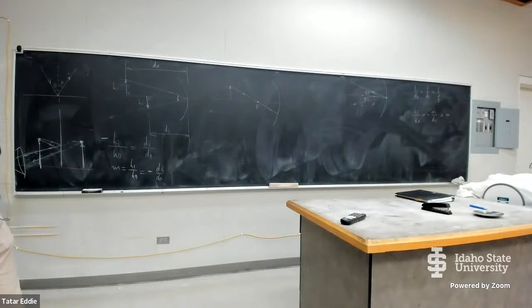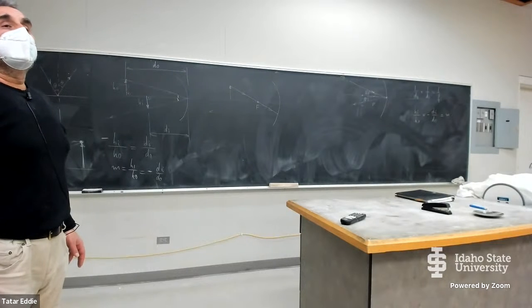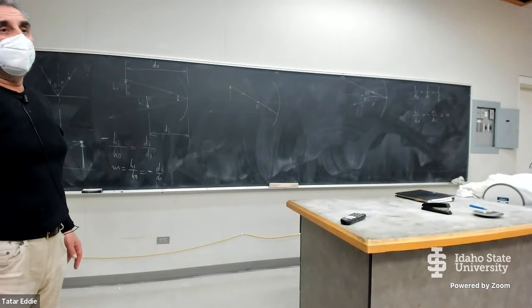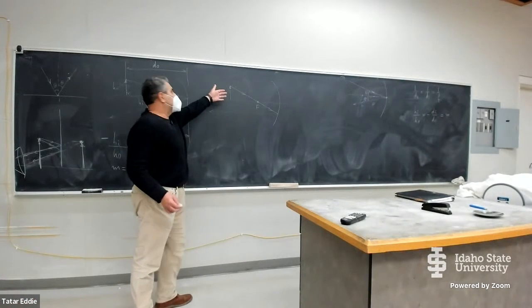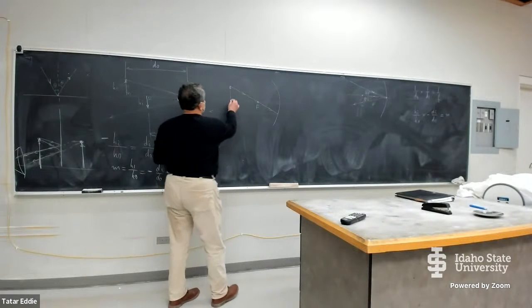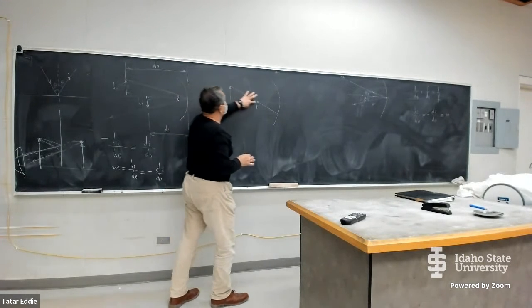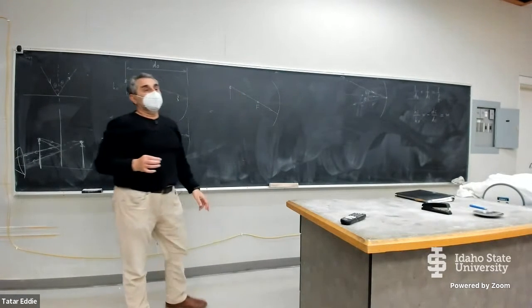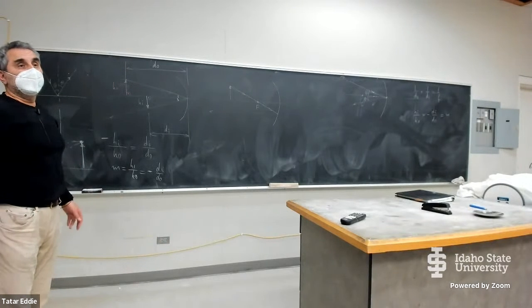So every time a light ray goes through the focal point, is it always going to be reflected parallel to the principal axis? Always, no matter what. Well, you don't have a second light ray, but if you consider a light ray that comes from the center of the object, it is always going to be reflected parallel to the principal axis. This is the beauty of those four easy to trace light rays.